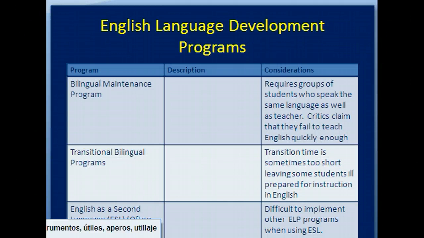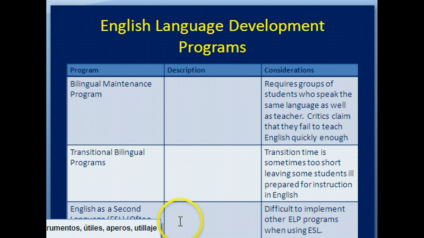On slide 23, entitled English Language Development Programs, based on pages 42 and 43 in your text, can you provide a description of these programs that are on the left-hand side? Descriptions can be found on the next slide. So without moving on to slide 24, see if you can describe bilingual maintenance program, what that means, or transition bilingual programs, or English as a second language.